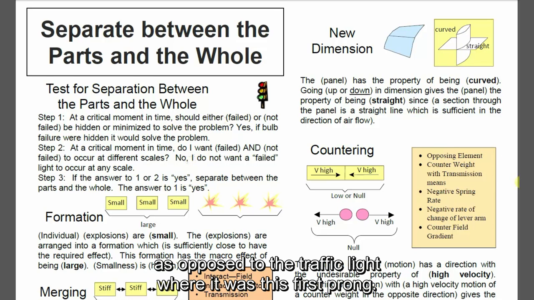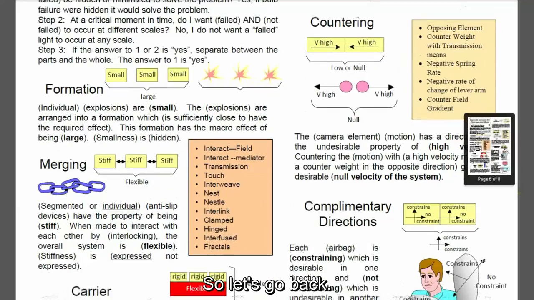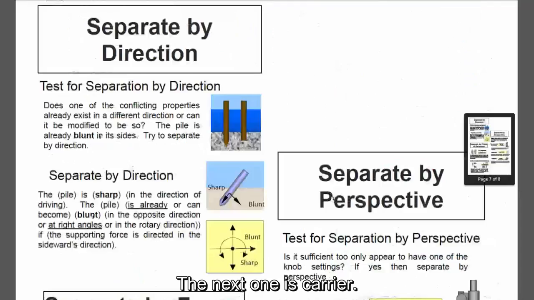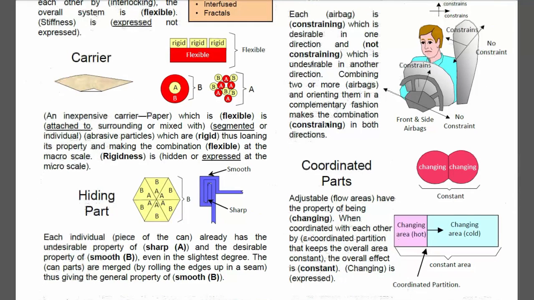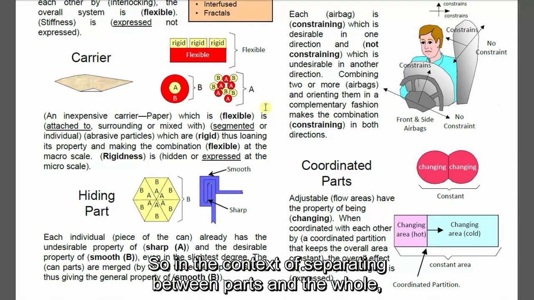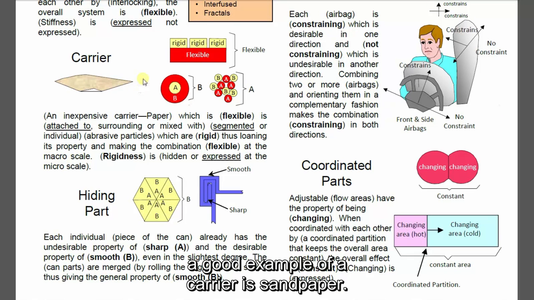So let's go back. Okay, the next one is carrier. So in the context of separating between parts and the whole, a good example of a carrier is sandpaper.